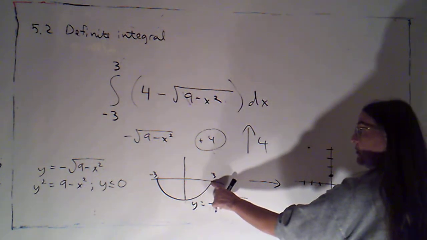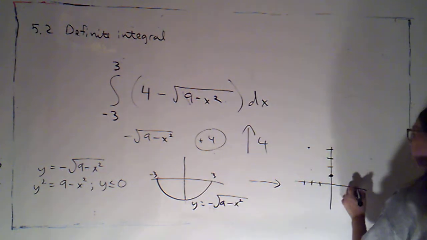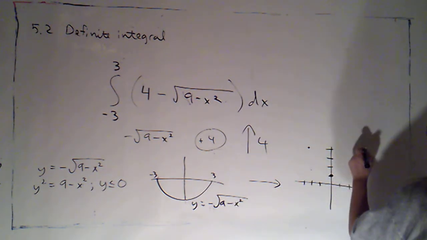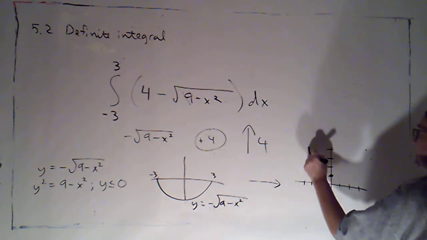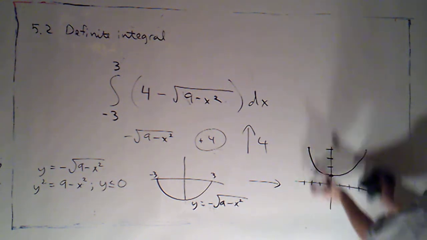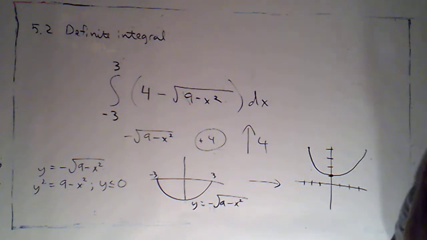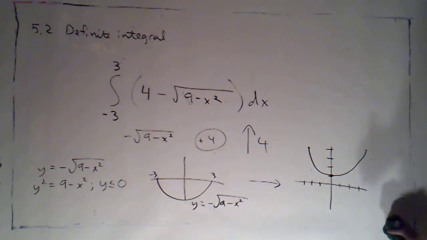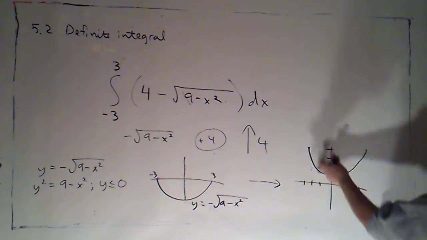And instead of this point being at 3, 0, we're going to move that up 4, and so we're at 3, 4. So we've still got a semicircle, it's just a semicircle that's been lifted up so that it lies above the x-axis.